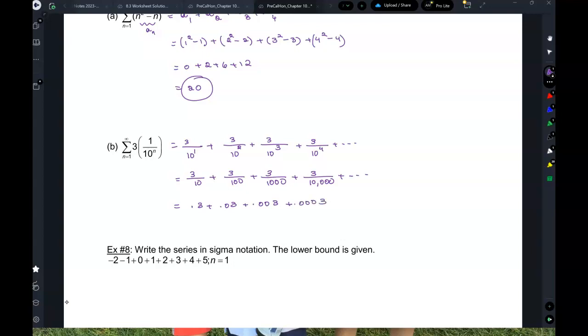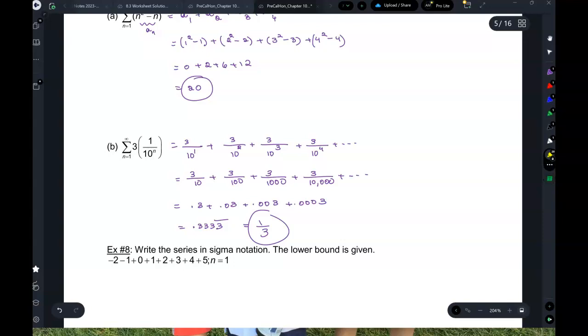And when you add all these up, 0.3 plus 0.03 is 0.33, plus the other one is 0.333. Okay? Well, you all know how I feel about the repeating bar, which is I hate it. But what is this in fraction? It's 1/3. So this sum here is 1/3.